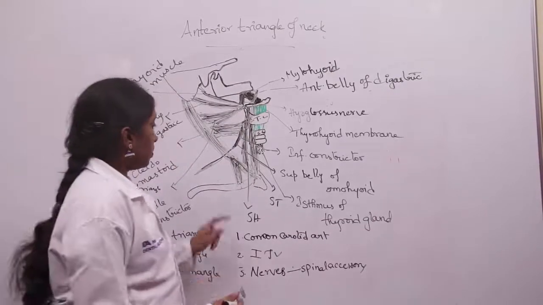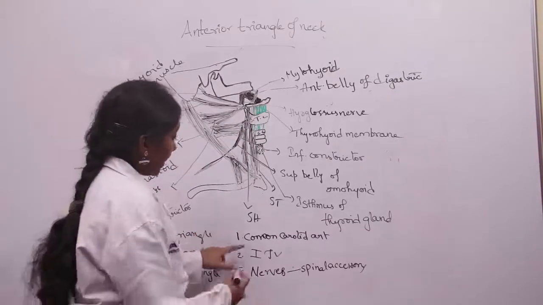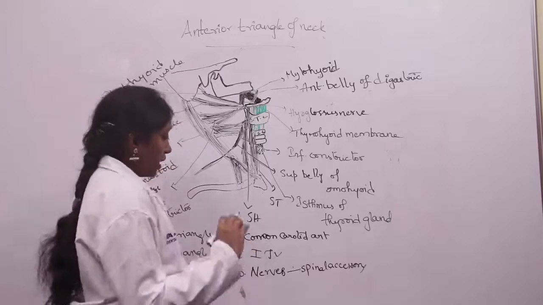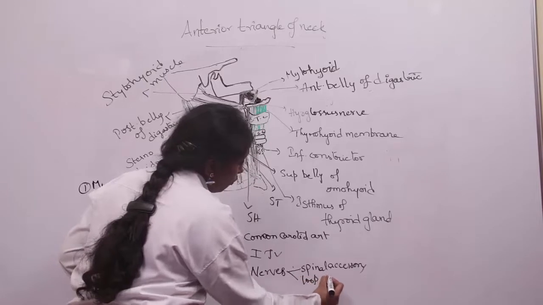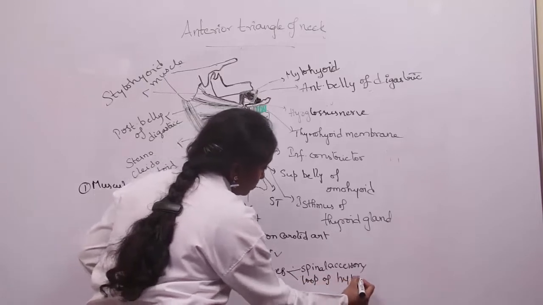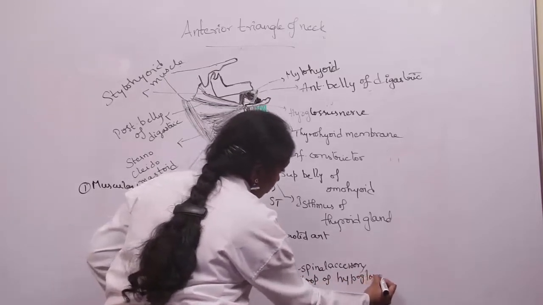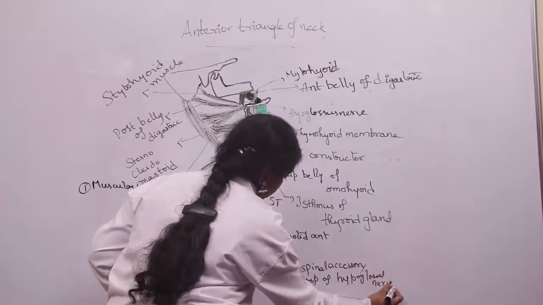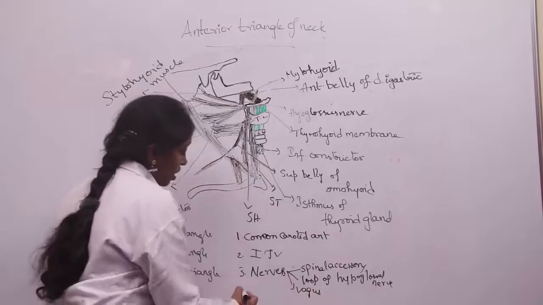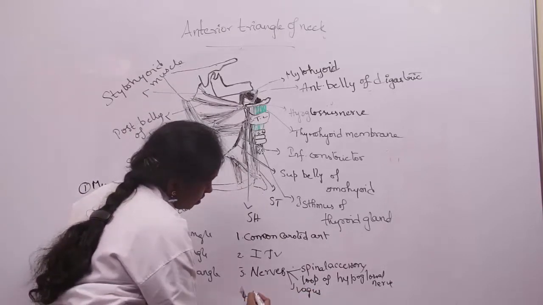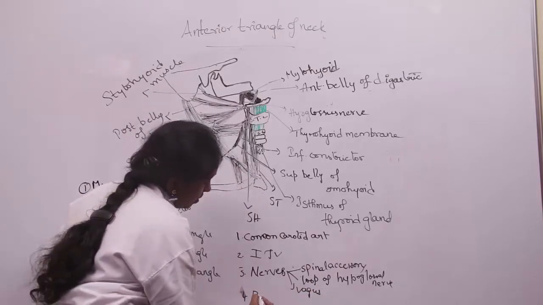So, contents of the carotid triangle: common carotid artery, internal jugular vein, spinal accessory nerve, loop of hypoglossal nerve, and vagus nerve, and parotid gland.